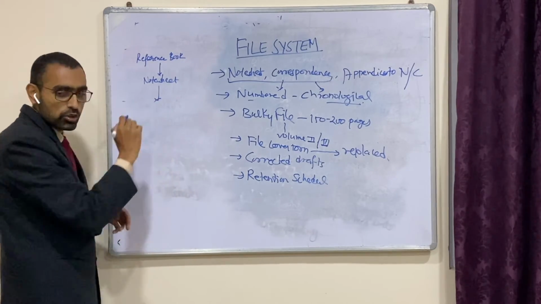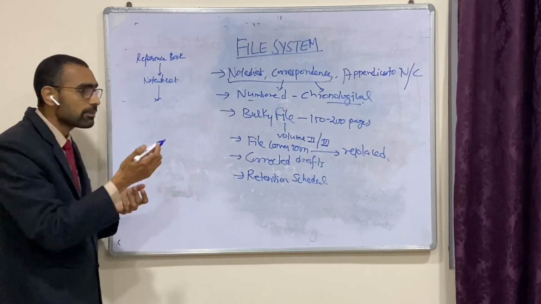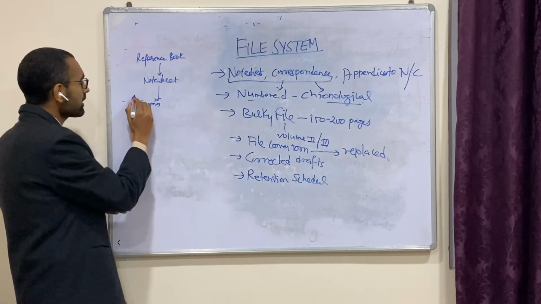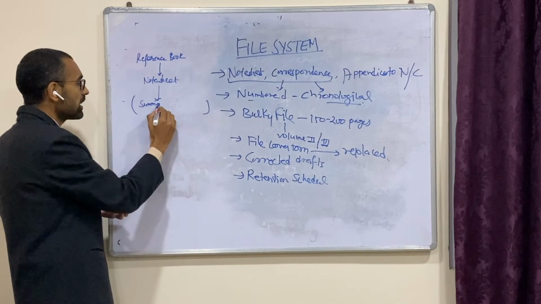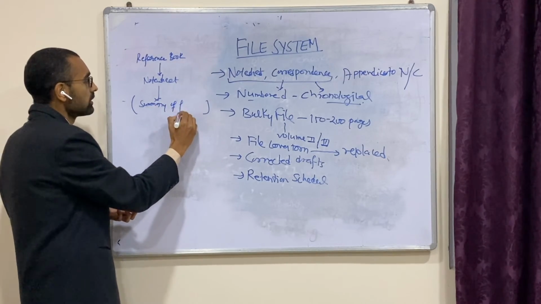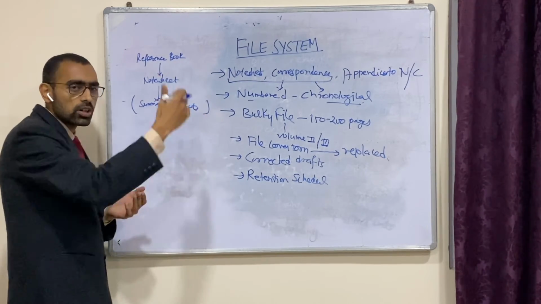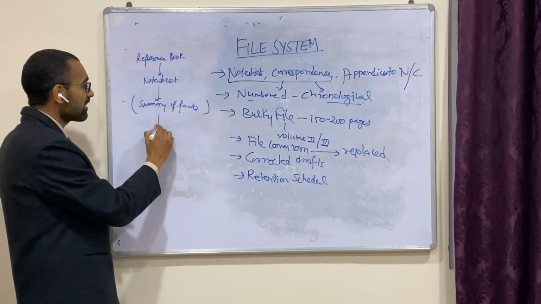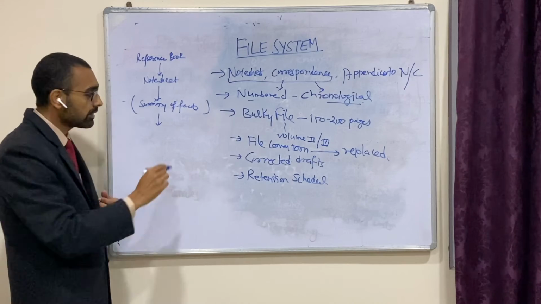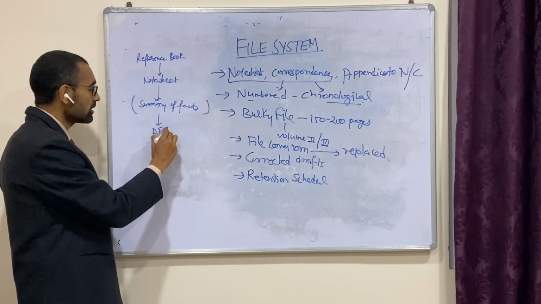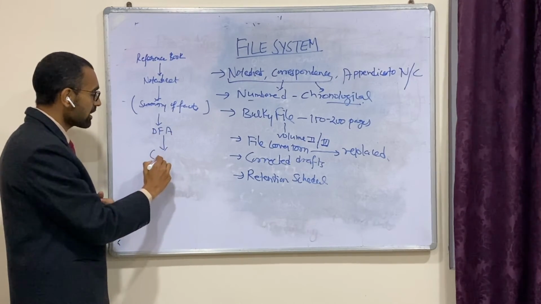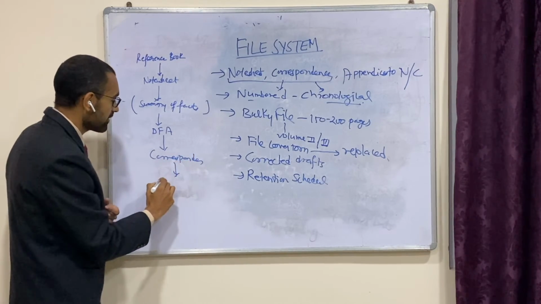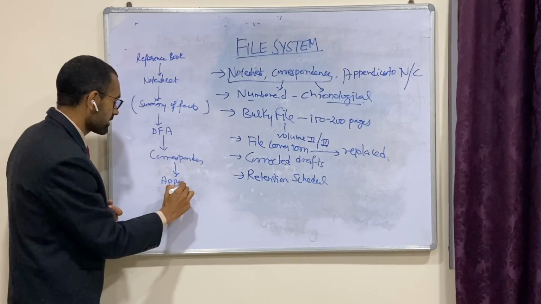Then after the note sheet, there should be the running summary of facts. This is not applicable in all cases. Running summary of facts is basically a chronological explanation of all that has happened in the present case. Then after that will come the DFA, draft for approval. Then after that will come the correspondence section, and after that will come the appendices.